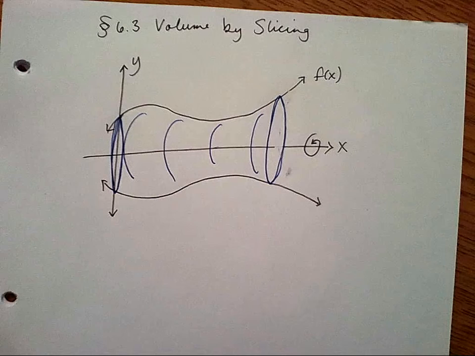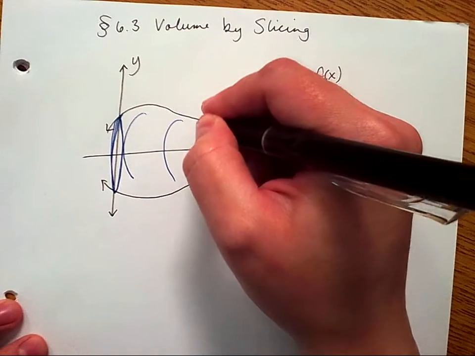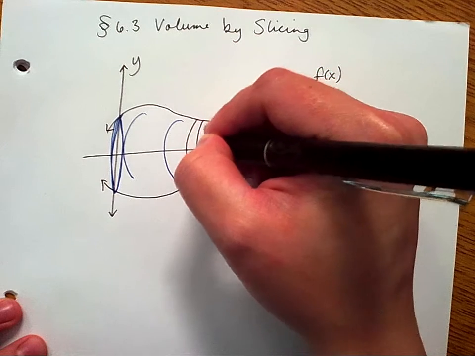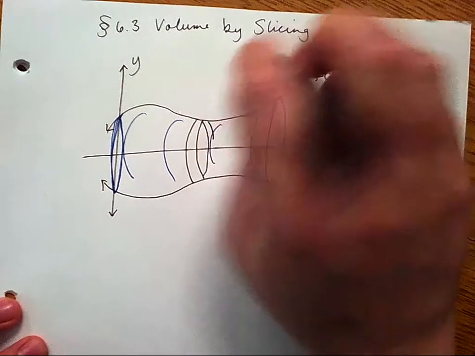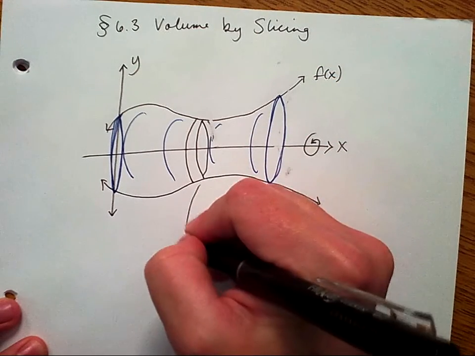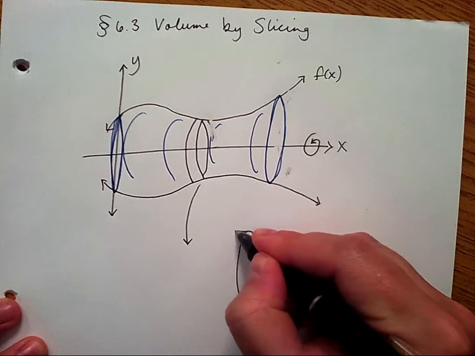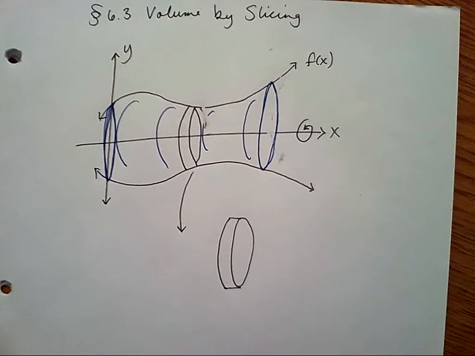How do I calculate the volume of this? That's what's tricky. So let's look at a slice of this. So my slice is actually a cylinder, right?